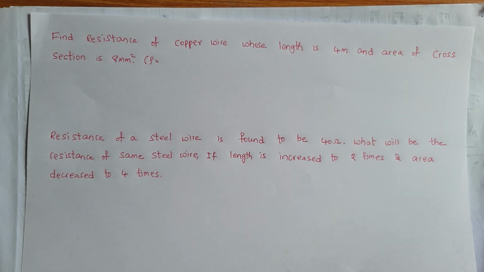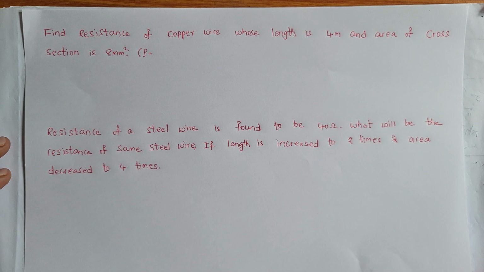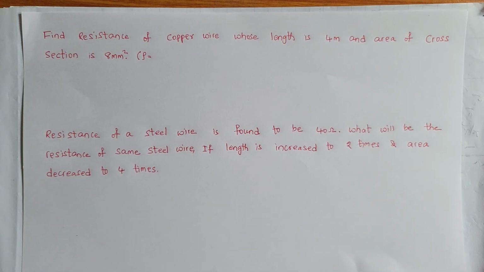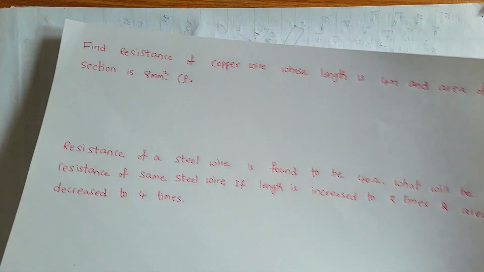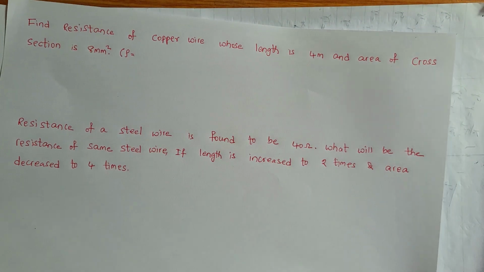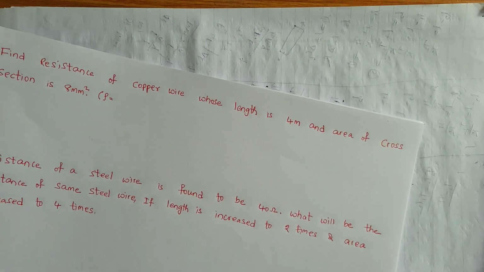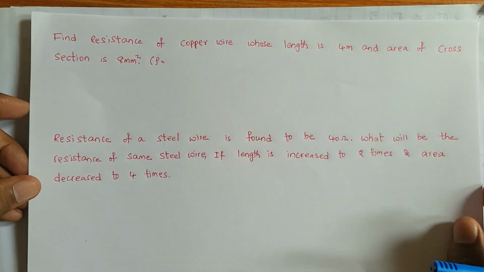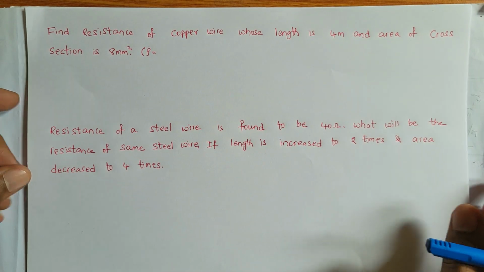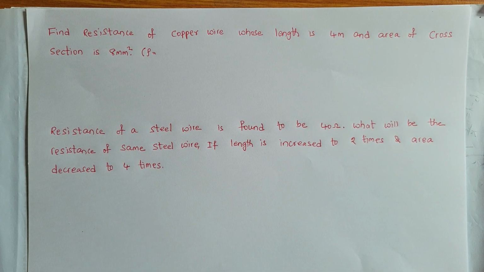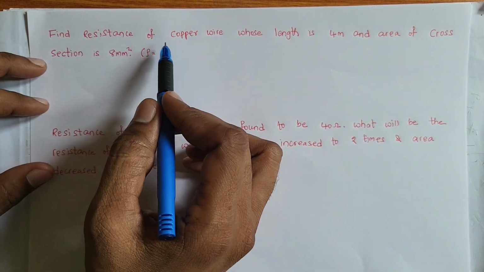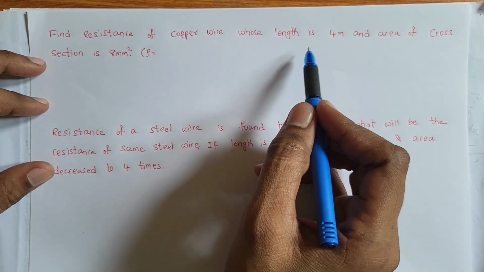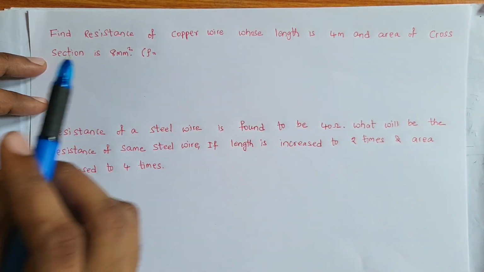So first question, find the resistance of copper wire whose length is 4 meters and area of cross section is 8 millimeters square. Let us read the question now. Find the resistance of copper wire whose length is 4 meters and area of cross section is 8 millimeters square.